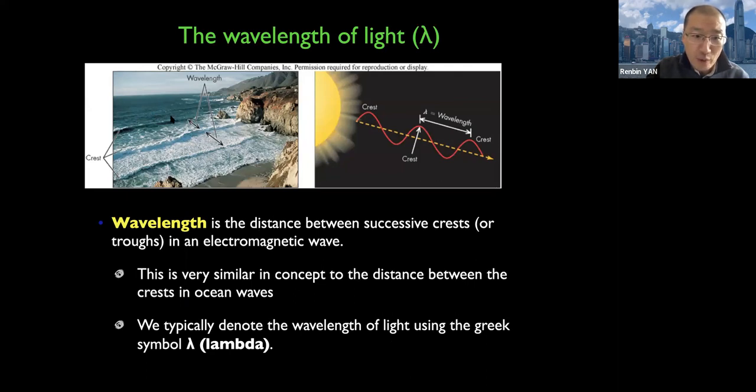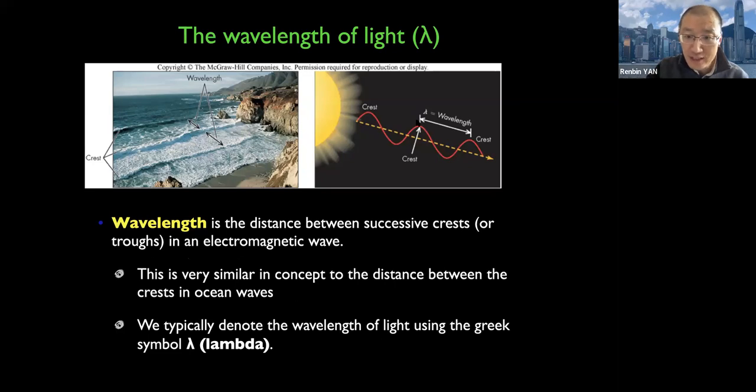You have a wave traveling towards you, and you can see the next wave coming and then the next wave coming. The distance between these wave peaks is what we call the wavelength of a wave. The definition is that the wavelength is the distance between successive crests or troughs in an electromagnetic wave.